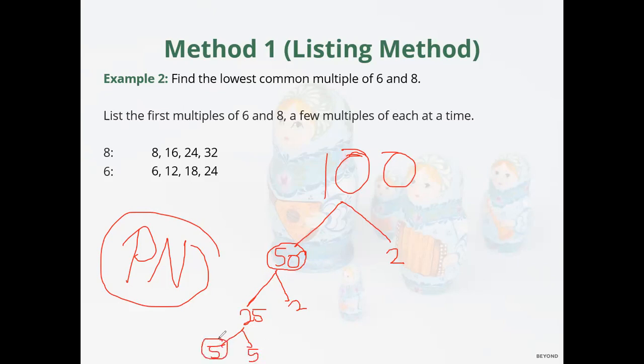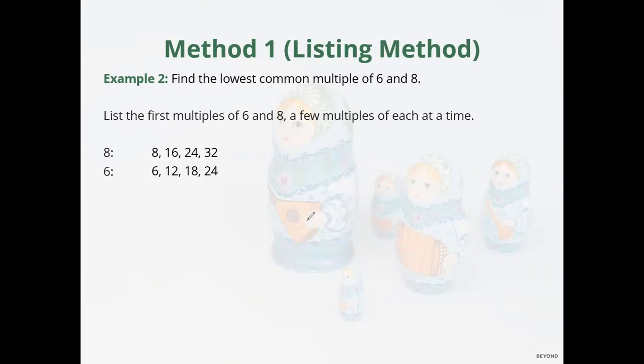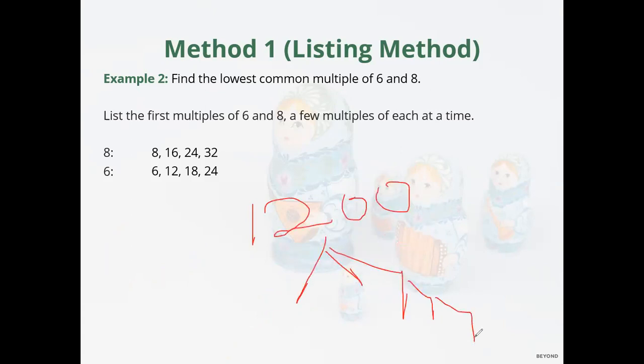What do you see now? 5 times 5 times 2 times 2 will give you 100. And what is this 2 and what is this 5? They are all your prime numbers. When I teach prime numbers, let's say my number is 1,200. Break it down, and you will see that all the factors you finally have are prime numbers.